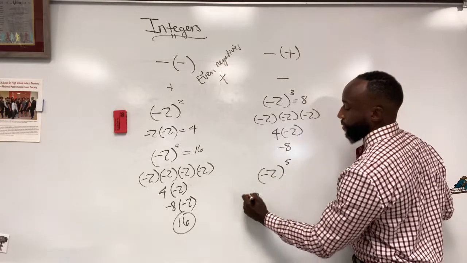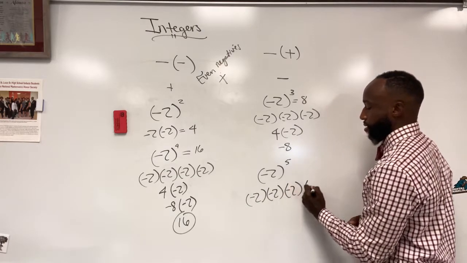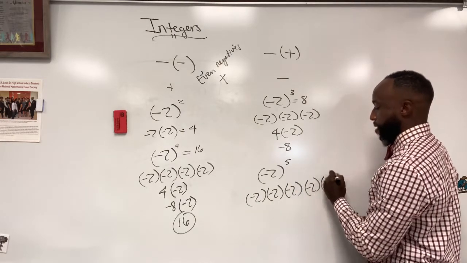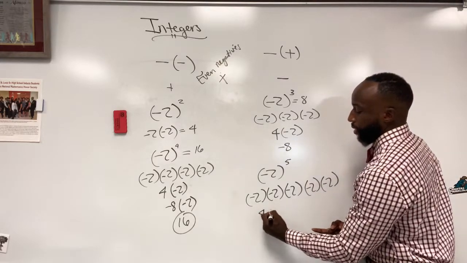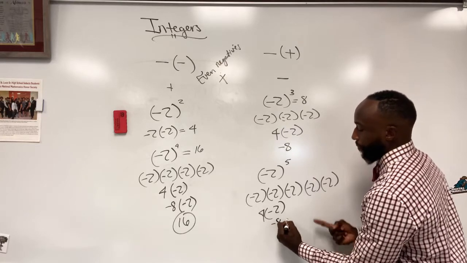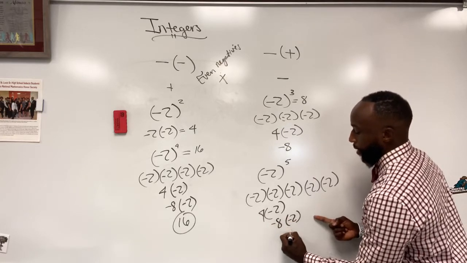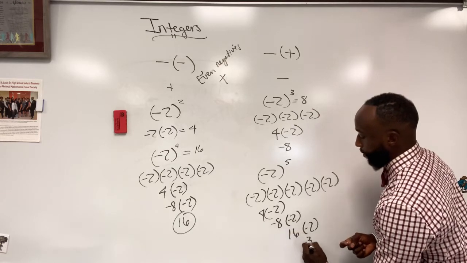That's -2 times itself 5 times. All right, so it's -2 times -2, which is gonna give you a +4 times -2. It's gonna give you your -8 times -2, right? Which is just 16 times -2, which is your -32.